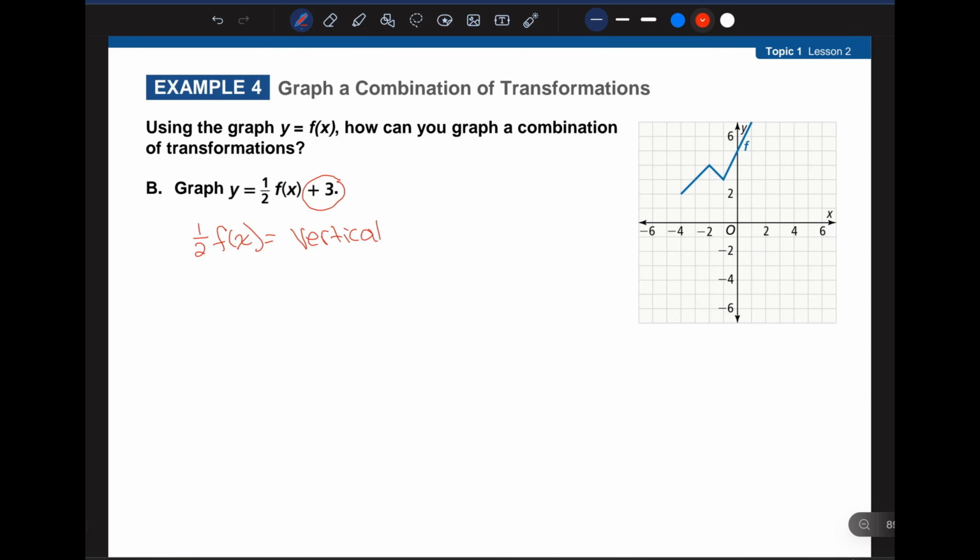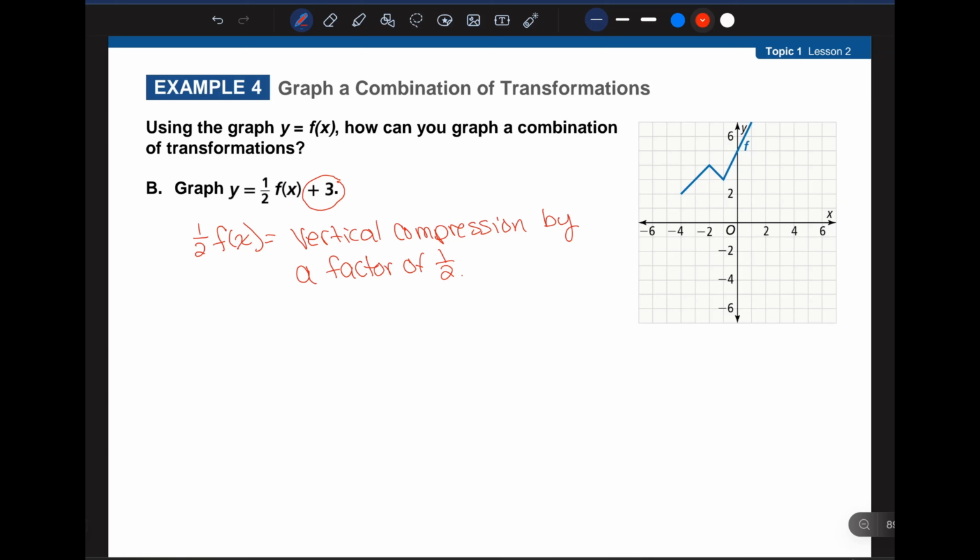Since it's between 0 and 1, that would be a compression by a factor of 1/2. All right, so I'm going to take my y values and multiply them by 1/2 or divide them by 2.